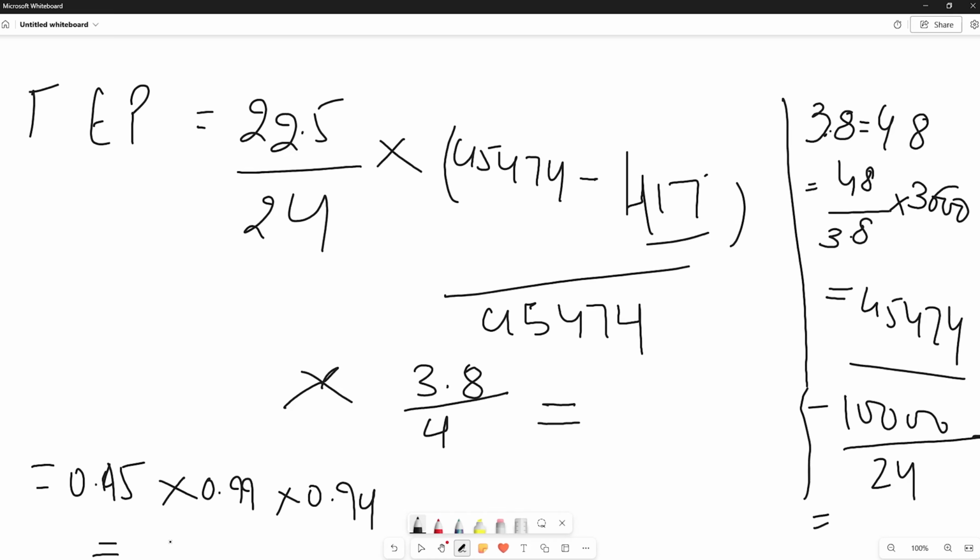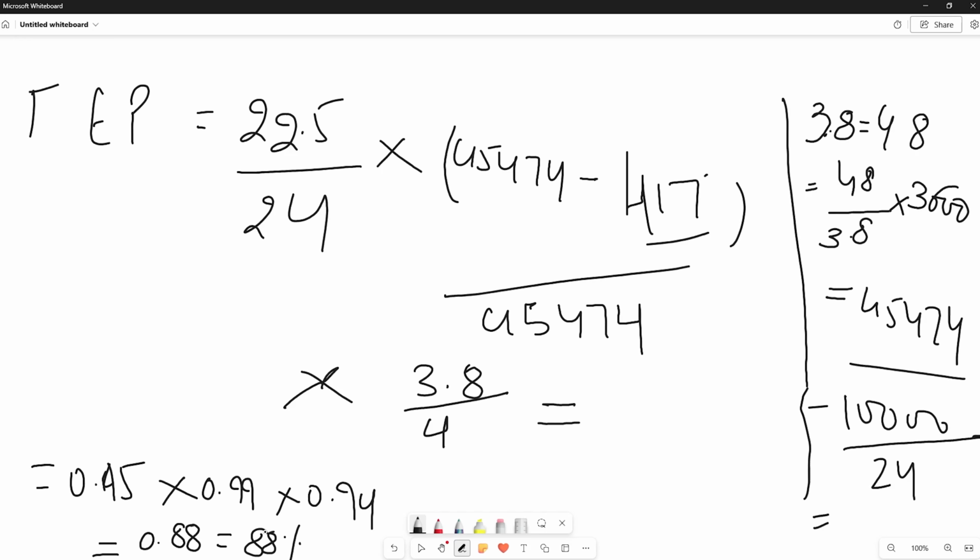So this whole product comes out to be 0.88. So the total equipment productivity is your 0.88 or 88%, right? Total equipment productivity is your 0.88 or 88%.